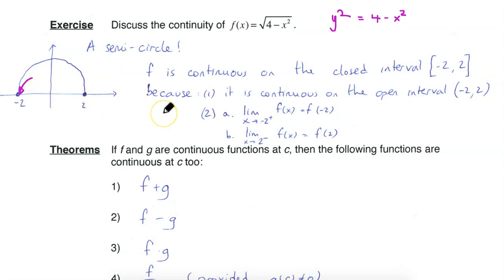So limit as x approaches negative 2 from the positive side, it is going to approach the value f of negative 2, which is 0. And second part, I need to agree that when we approach x equals 2 from the negative side, so limit as x approaches 2 from the negative side, we are approaching the value of f of 2, which again is 0.